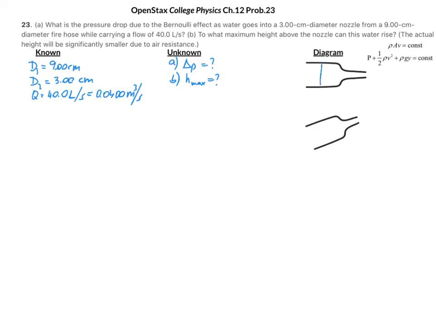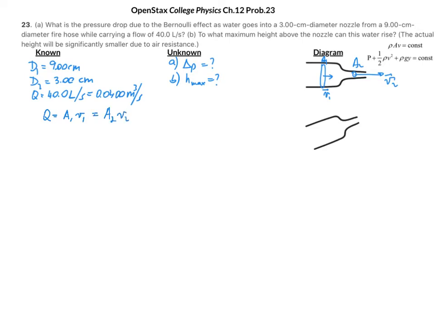We have cross-sectional area A1, we have velocity 1 here, and then we have a smaller cross-sectional area A2 and a higher velocity V2. When we multiply these through, the product of these two and the product of those two will give us the Q that the problem already gave us. So Q is A1 V1, and it's also A2 V2.